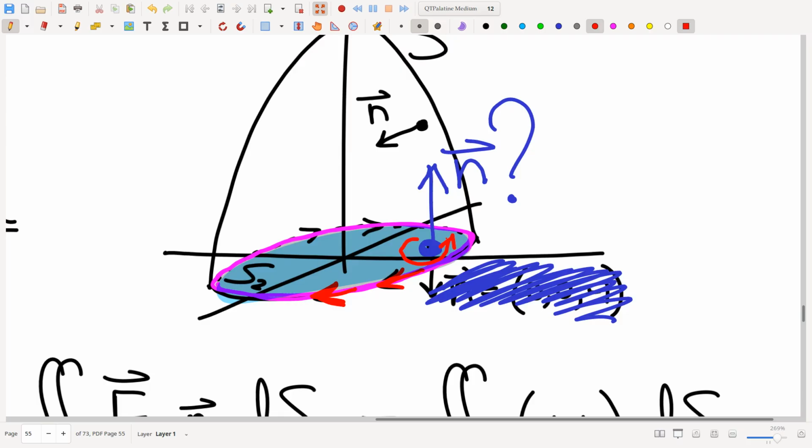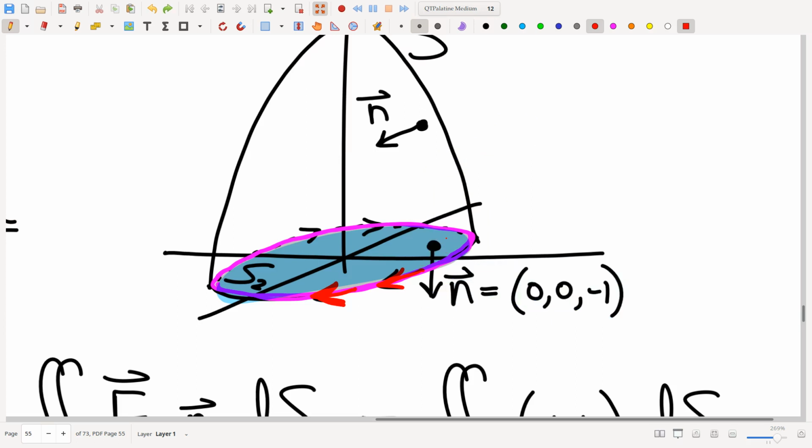Does that make sense? Whereas if we go downward, thumb down, side swipe, all that, it goes correctly.